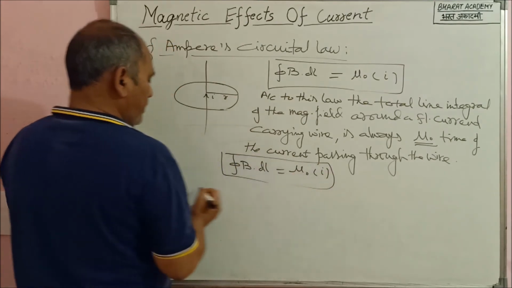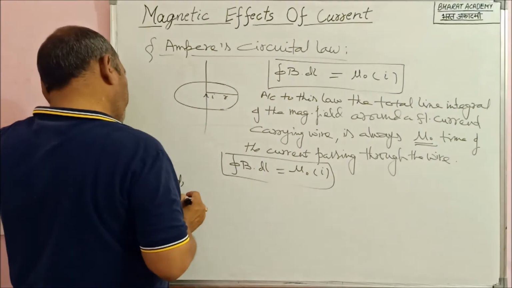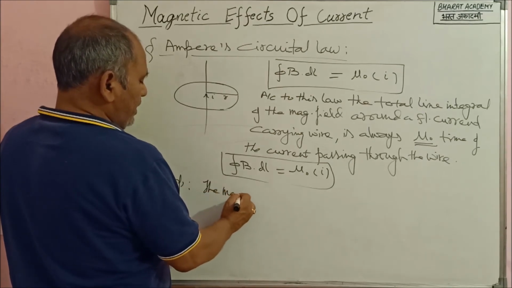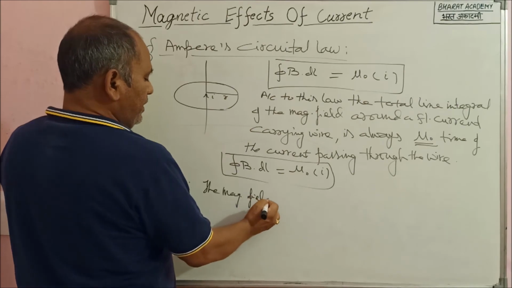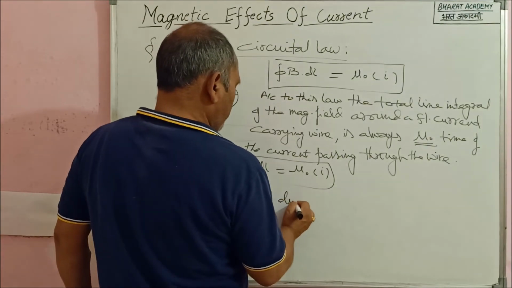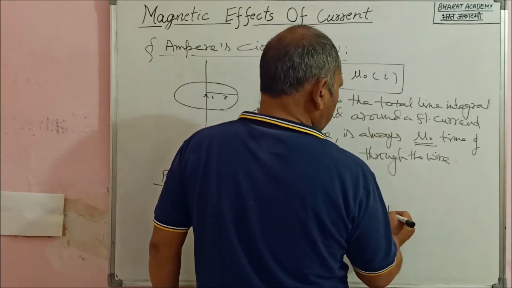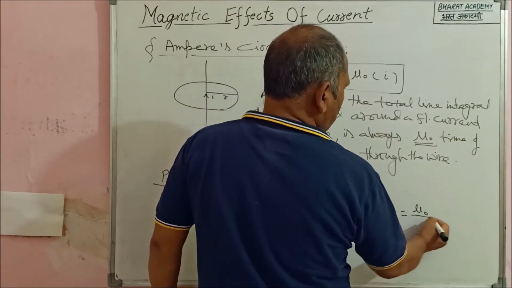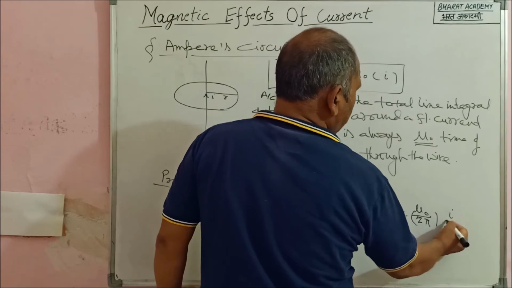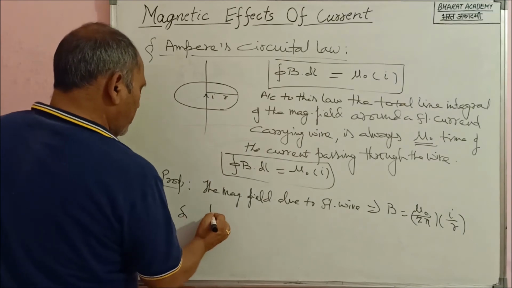We can prove it very simply. If I consider a wire and a loop of radius r, then the magnetic field due to a straight current carrying wire, we have just proved, B equal to mu 0 by 2 pi I by A. Instead of A, we are having R here, I by R. So what will be the closed integral of B dl?